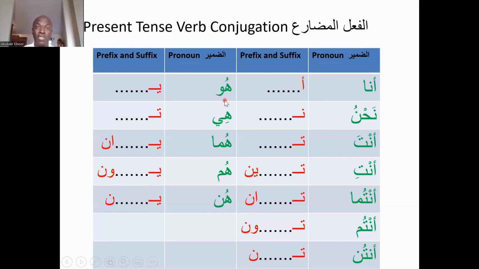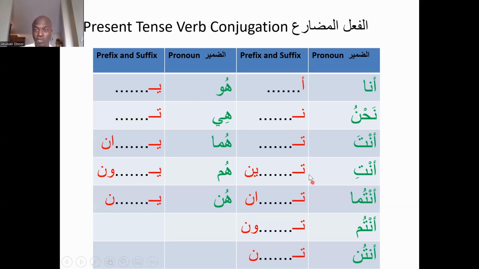Okay, moving to the third person, and the third person is he, she, they. Huwa is he or he is. Always you start your conjugation for the present tense using the ya, because here, instead of the ta, we use the ya. Huwa, use the ya, and then you put your verb here. For she or she is, we start with the ta, and I said this is an exception.